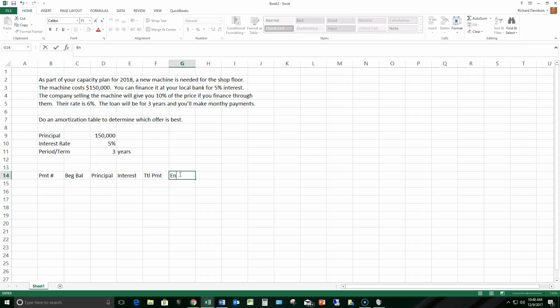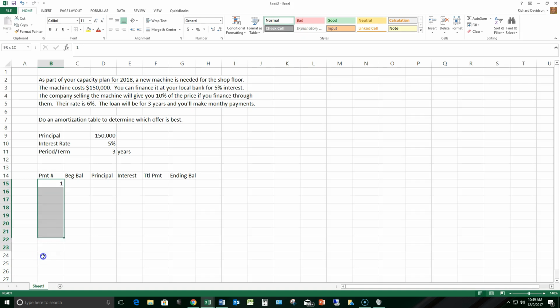And then our ending balance. The ending balance is the beginning balance minus what you pay in principal. Interest is what the bank makes for loaning you the money. It does not reduce the value of the loan. All you get to reduce the loan value by is the principal.